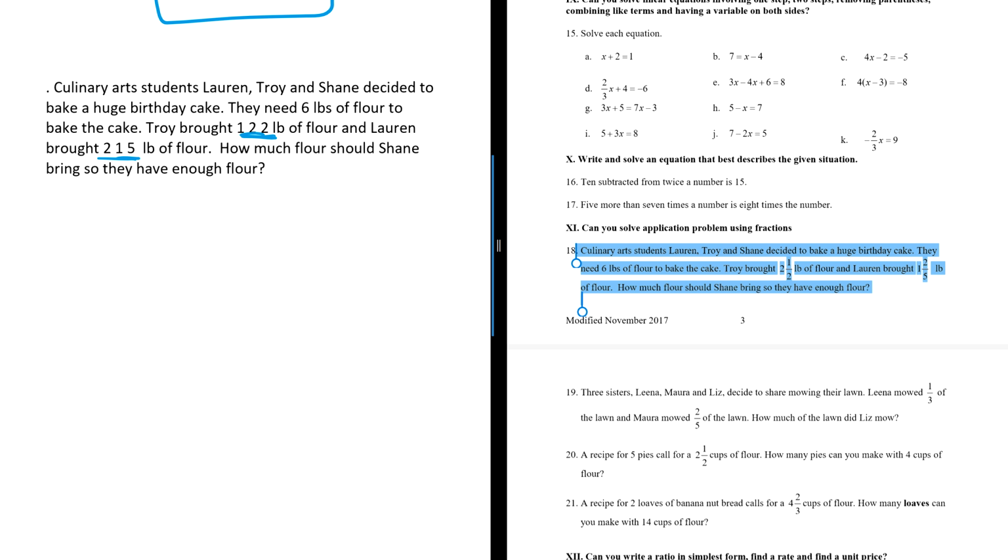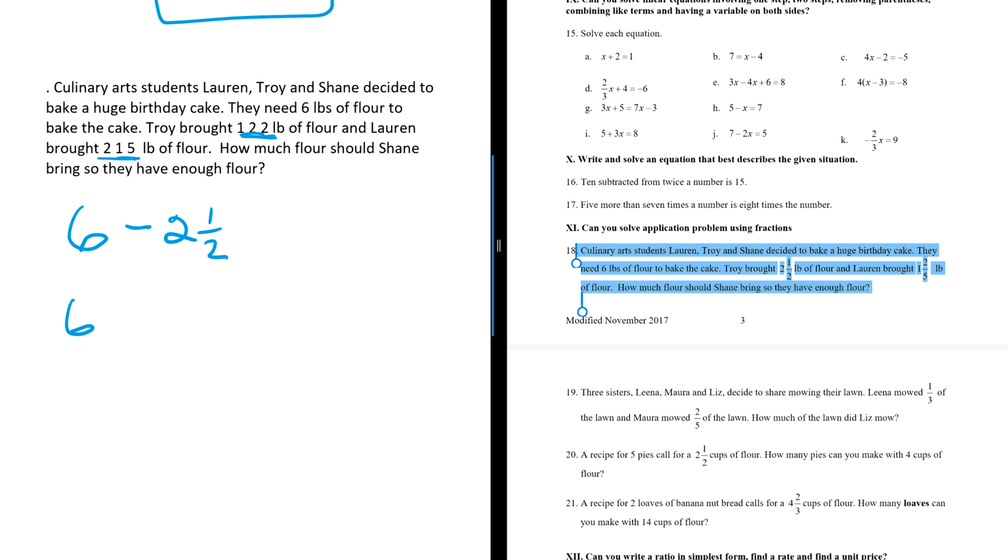All right, so in this case, they need 6, and Lauren and Troy brought some flour. So I'm going to subtract the amount they brought. They need 6 pounds, so I'm going to subtract 2.5 from 6. So this is 6 minus 2 1/2. I'll do that one first. I could change this to an improper fraction.